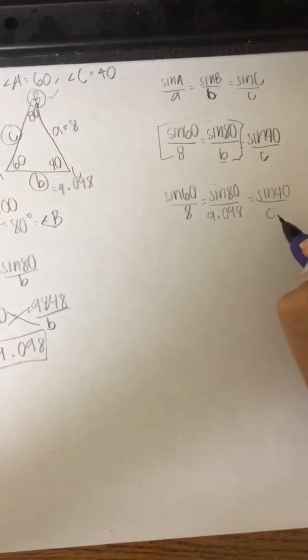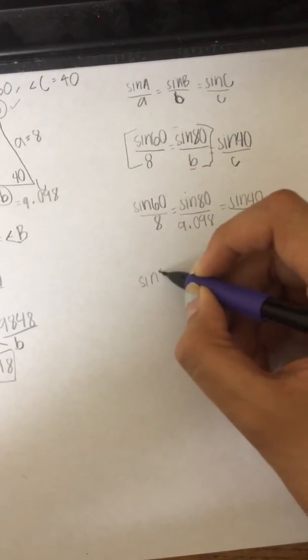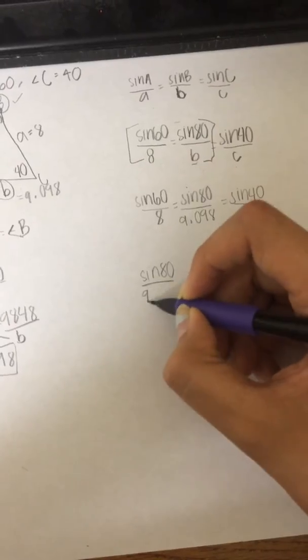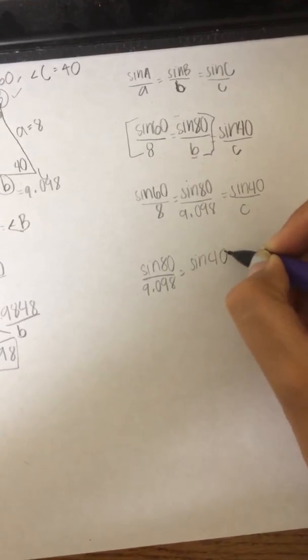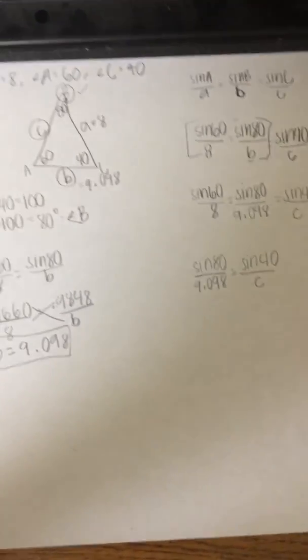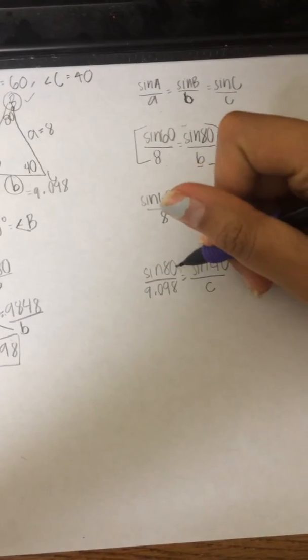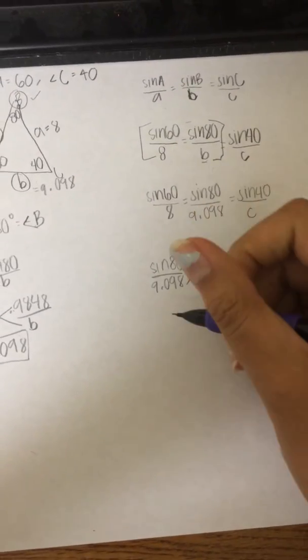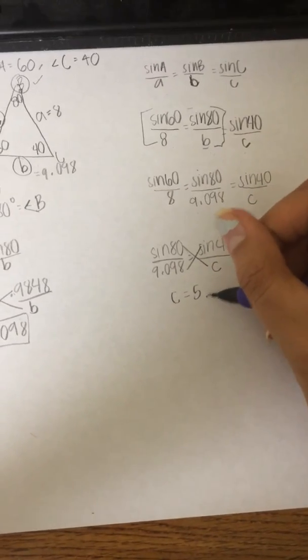Now I can find C. So I rewrite this once again: sine of 80 over side B equals sine of 40 over C. Now you do the same thing you did here, some cross multiplying, and C will give you 5.94.